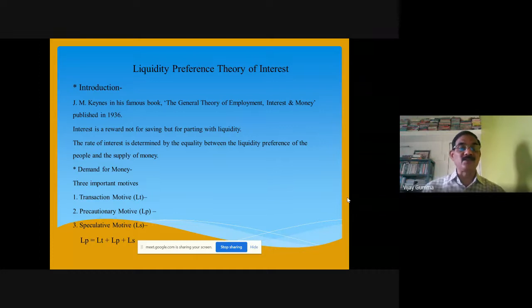John Maynard Keynes points out that it is the liquidity preference of the people which determines the equilibrium rate of interest. But actually, the equilibrium rate of interest is determined by the equality between the liquidity preference of the people and the supply of money.